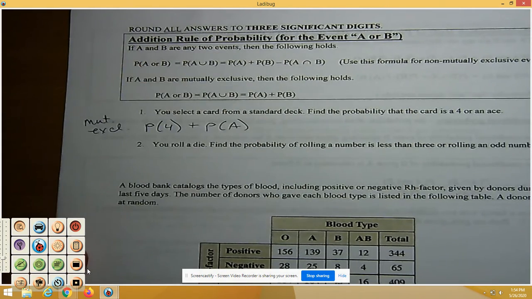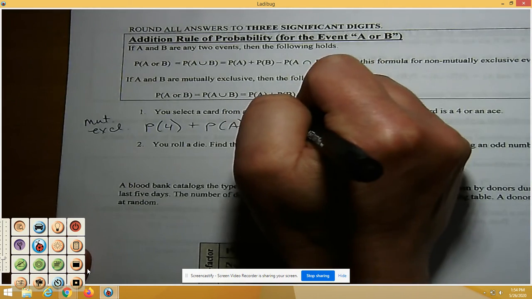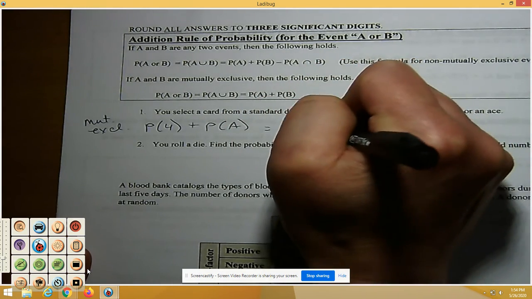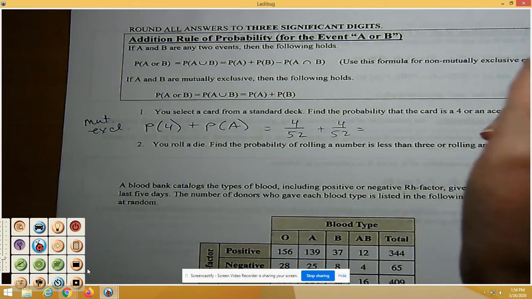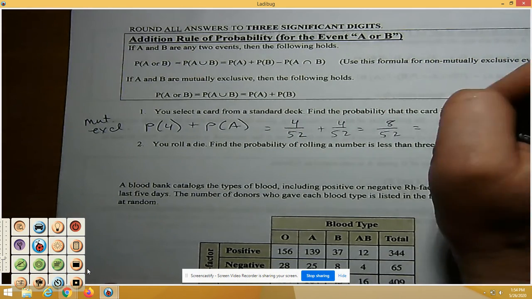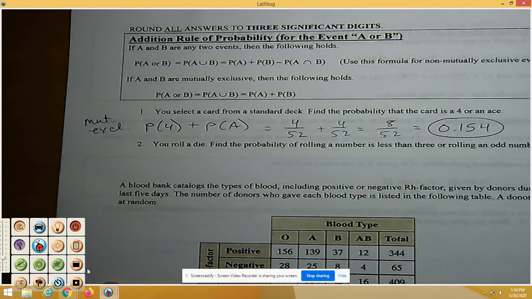Okay, so these do not overlap, so we don't need to worry about that. Probability of a 4 is 4 out of 52. Probability of the ace is also 4 out of 52. So you would get 8 out of 52. And then if you were to round that, you're going to get 0.154.